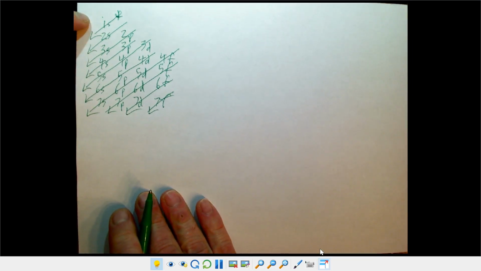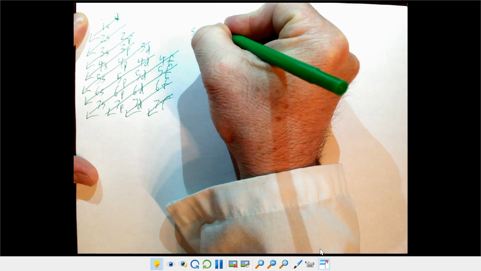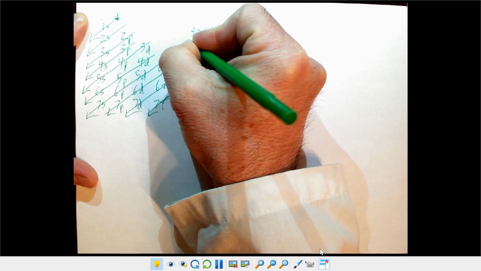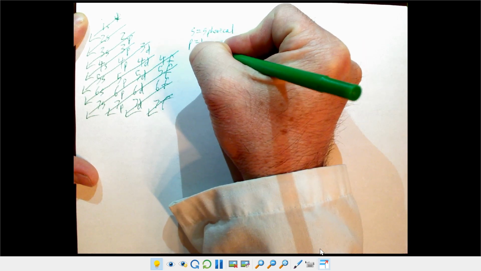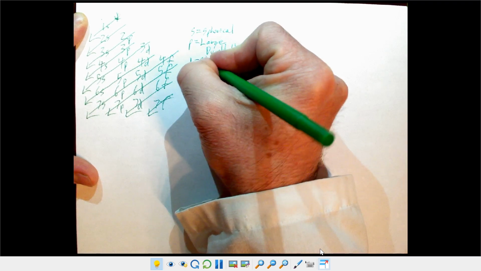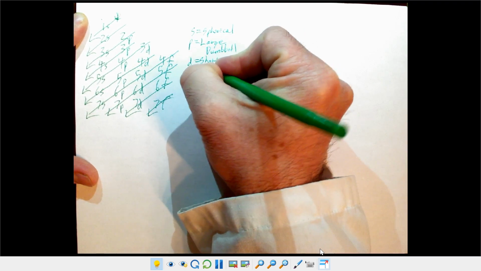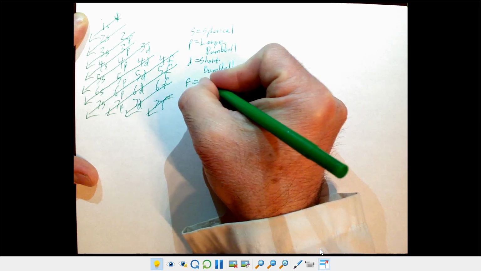These are called sublevels. I like to tell my students they really represent shapes, where S represents a spherical shape. P is the large dumbbell. The D represents the short dumbbell. And then the F, the shape can vary.